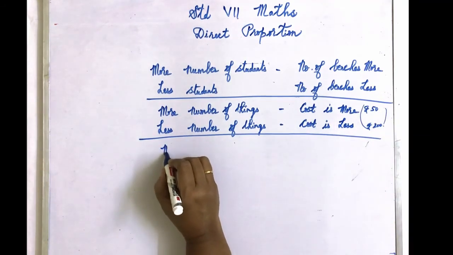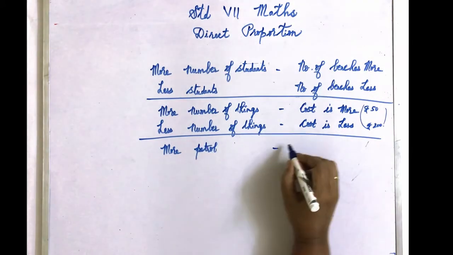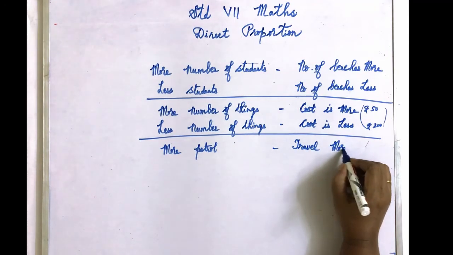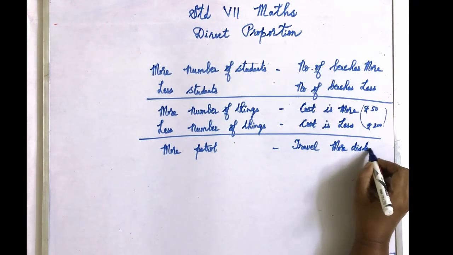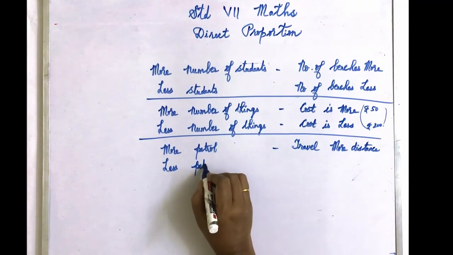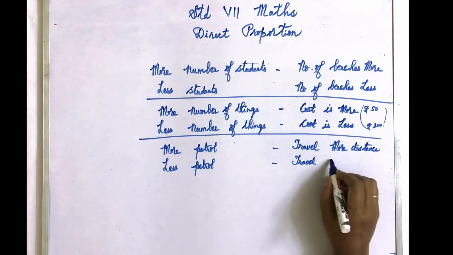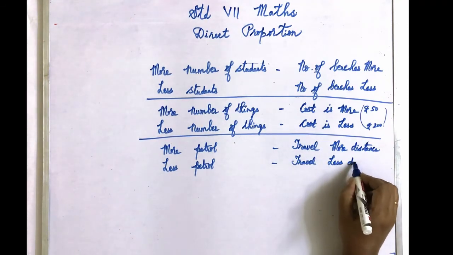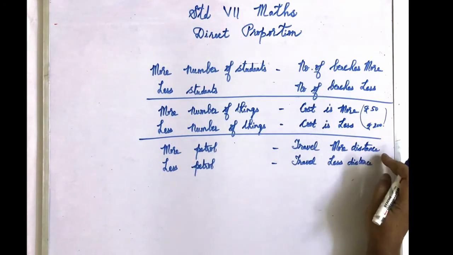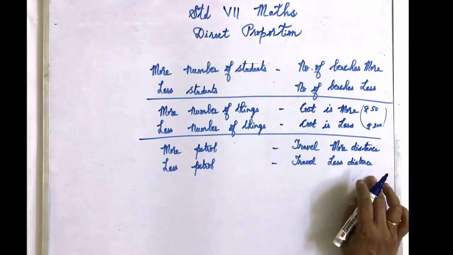If you have more petrol, we can travel more distance. If you have less petrol, we can travel only less distance. So here, when one quantity increases, the other quantity also increases. If one quantity decreases, the other also decreases.